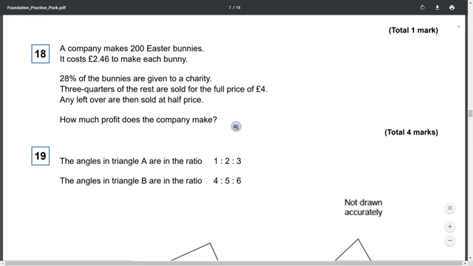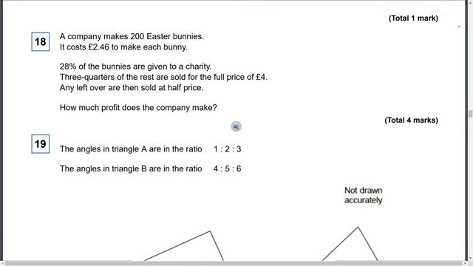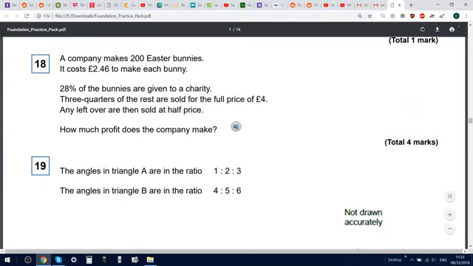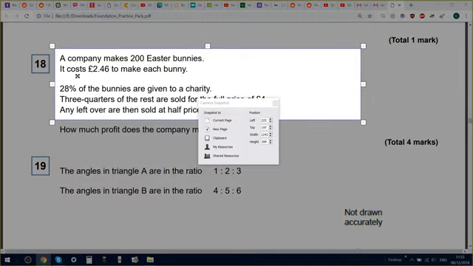Next one of these functional questions. Okay, how is this? Oh, I'm not sure. Do you know how to get 28%? 20%.